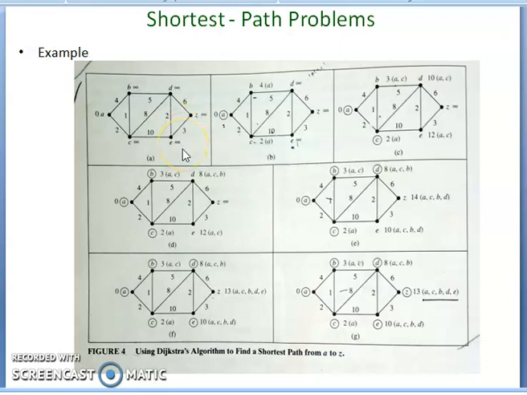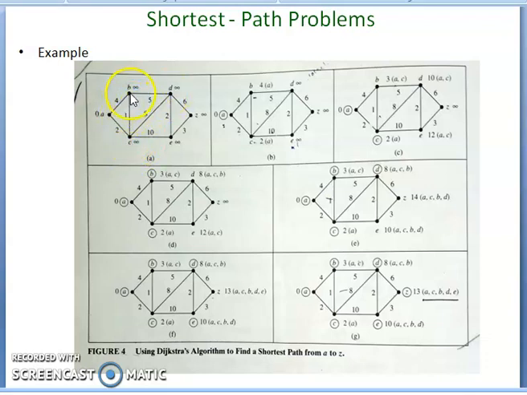In Dijkstra's algorithm, first of all the distance is infinite for all the remaining vertices except the source. The source is A. The length of each and every vertex except the source is infinity, and each and every edge is labeled with a distance. From A to B the distance is 4, from A to C the distance is 2, from B to C the distance is 1, from C to D the distance is 8, like that.